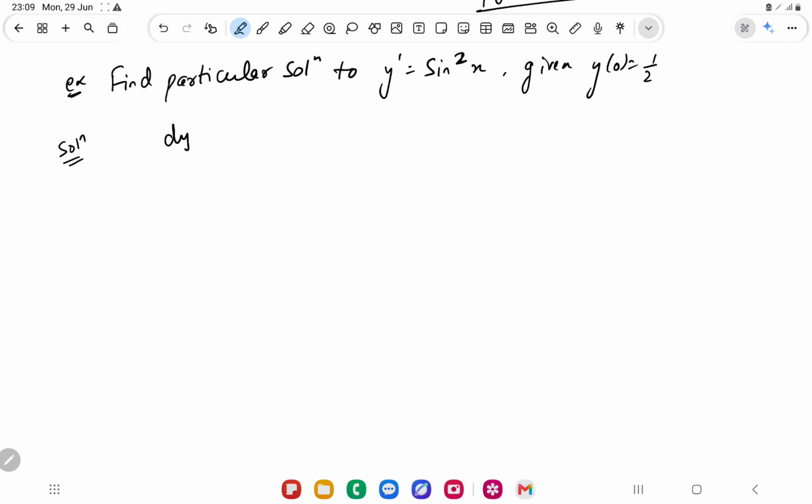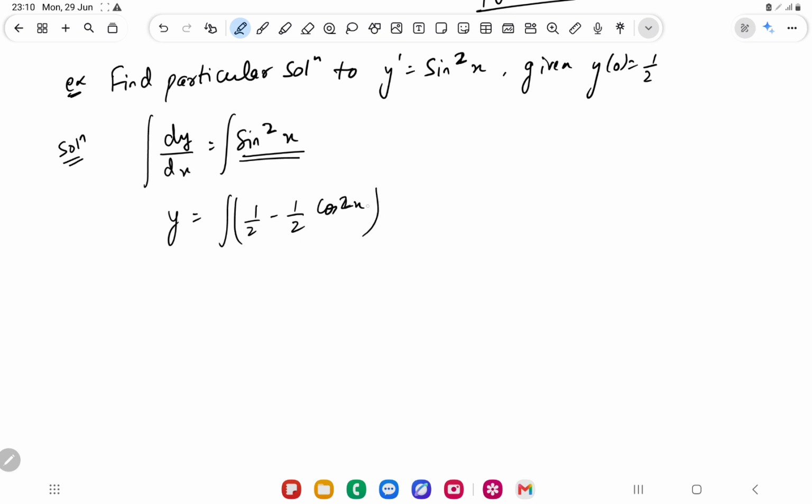First of all, what is given to me is dy by dx is equals to sine square x. Now we have to integrate both sides. Upon integration, I cannot directly integrate sine square x. So on the left side I will get y. For the right side I have to use the double angle identity. Using the double angle identity I will get this.